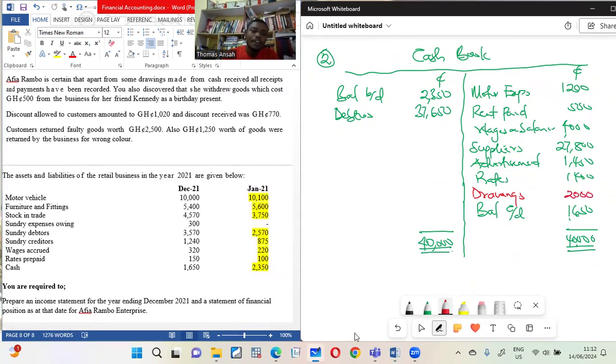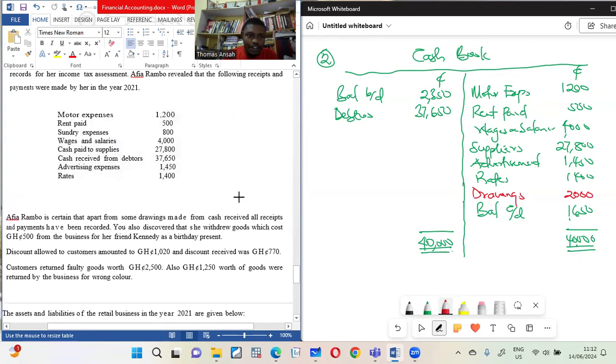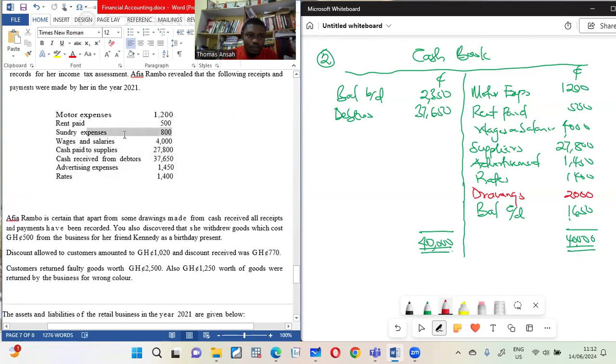Now, if somebody has this same question with the figure that is here, you see when you scroll down, you would have added the 800 as part of your expenses. Then it means your drawings would rather be 1,002.